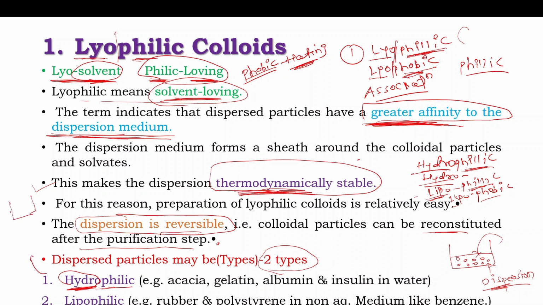Consider this is a beaker, in which we took water as a solvent, and consider another beaker, in which we took oil, that is benzene, a non aqueous solution, that is lipo. So the first example is of hydrophilic, and the second example is of lipophilic.